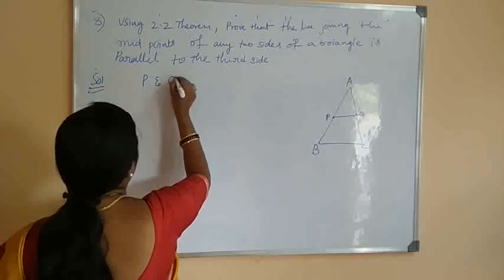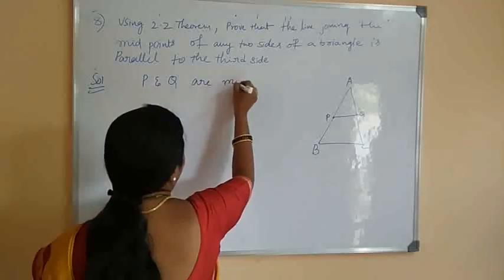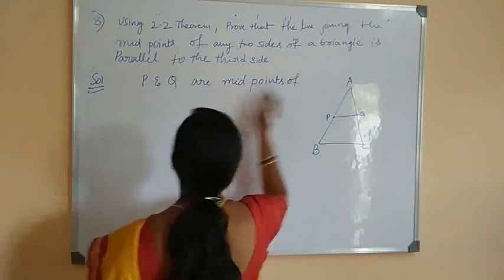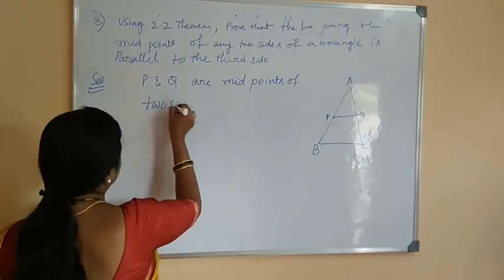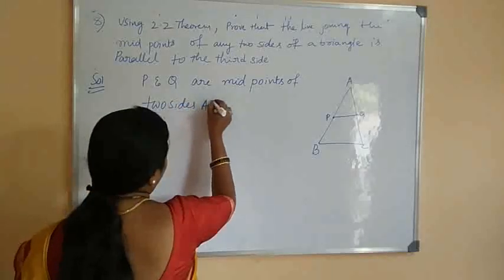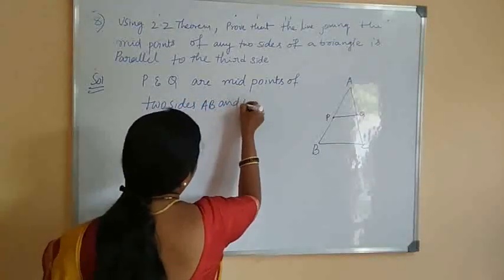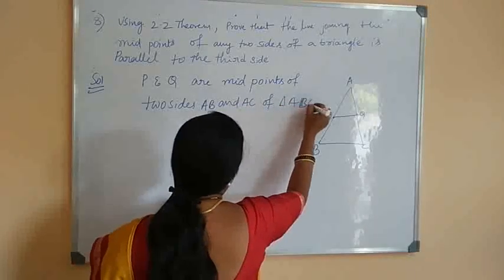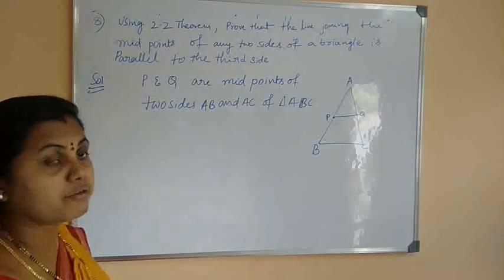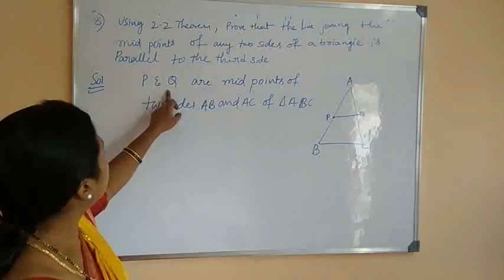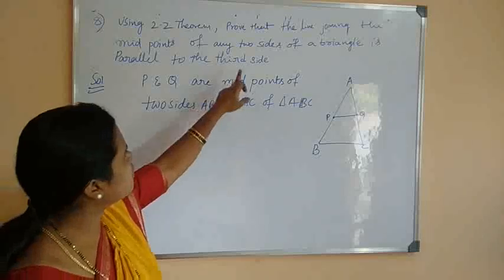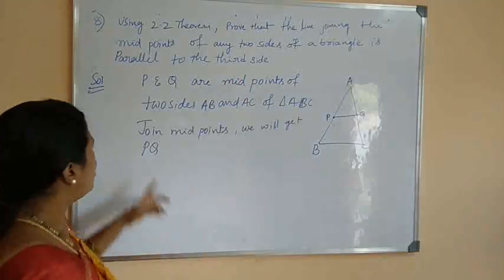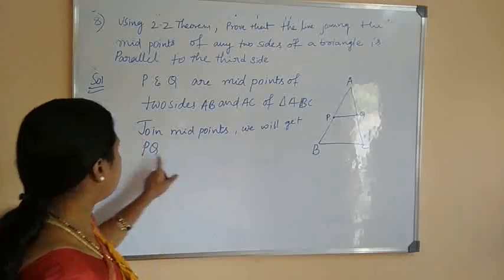Solution. P and Q are the midpoints of two sides AB and AC of triangle ABC. See, as it is a sentence I have taken, that is convenient for you. And joining the midpoints we get PQ.